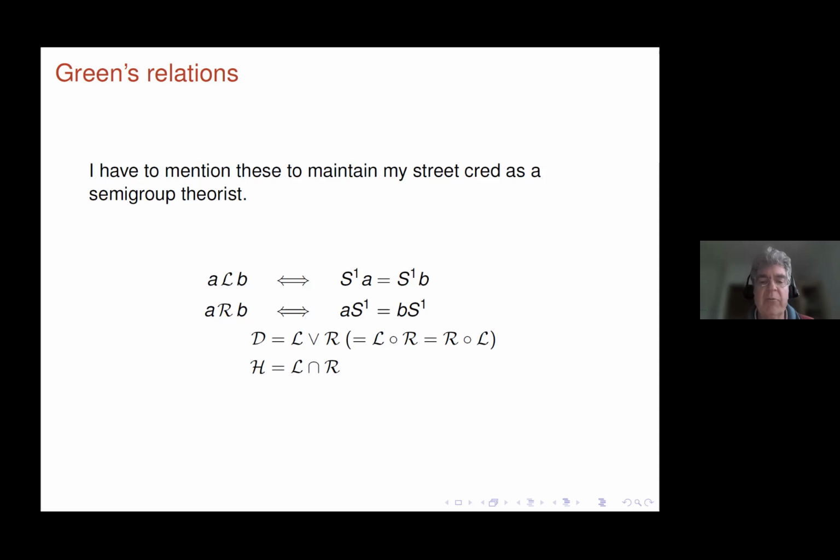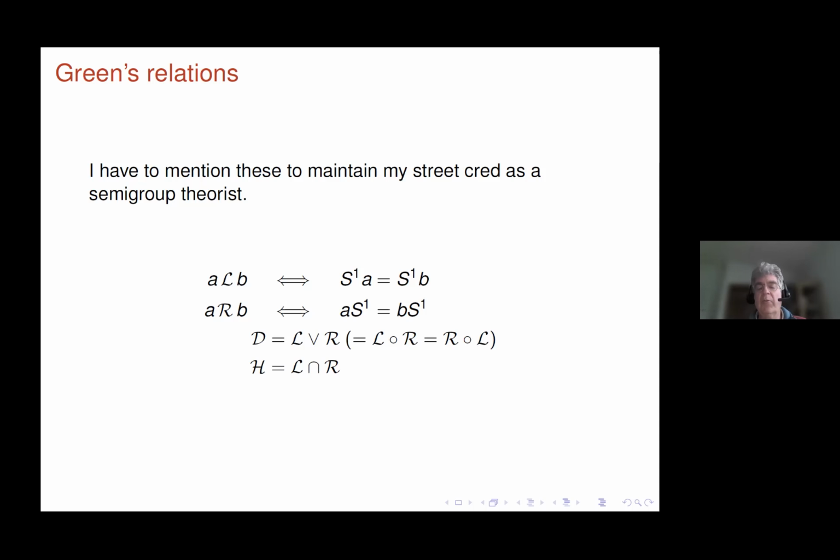So Green's equivalence relations, L, R, well, this is 4 out of the 5, L and R and D and H, are defined like this. Two elements are L related if the left ideals that they generate coincide, two elements are R related if the right ideals coincide.